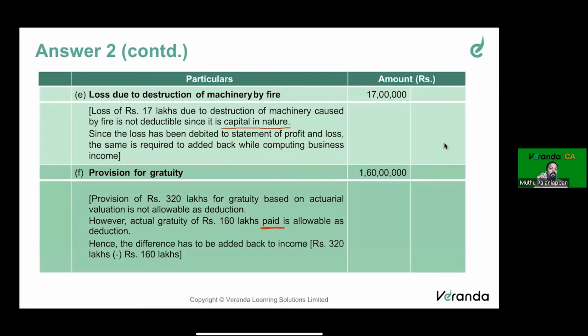In a subsequent year, if the question says that a certain amount has been paid for some old year, let's say financial year 17-18 or 18-19, and it has been paid in the current year, it has to be an allowed payment in that particular year. So whatever is disallowed is eligible on payment basis. So that is with respect to provision for gratuity. This comes under 40A subsection 7 or 43B.